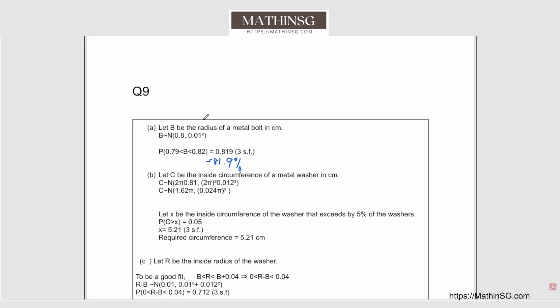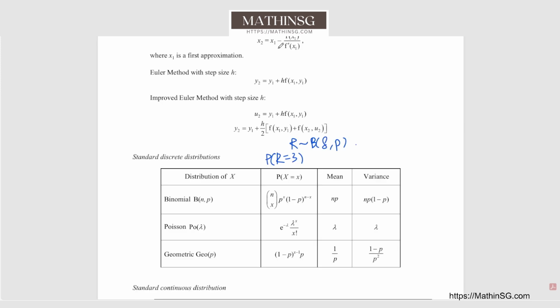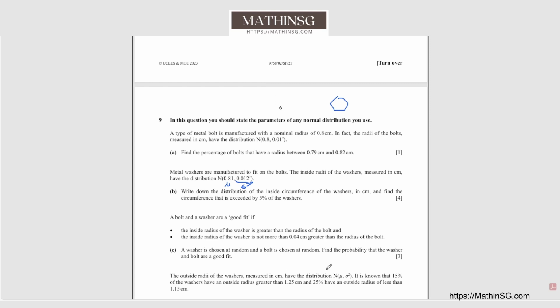So we'll let C be the inside circumference of a metal washer in cm. And we know that C is equal to 2 pi r, and this r takes a normal distribution of 0.81, 0.012 squared.